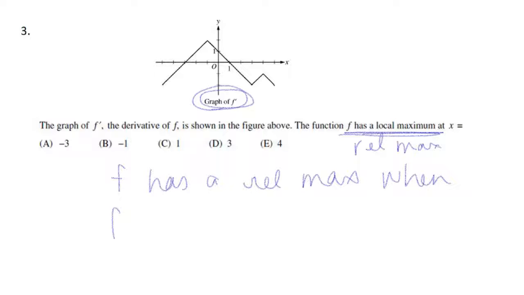When f prime does what? Good. Changes from what? Positive to negative, right? So where does that occur? It occurs right here at 1, doesn't it? So my answer choice is C.